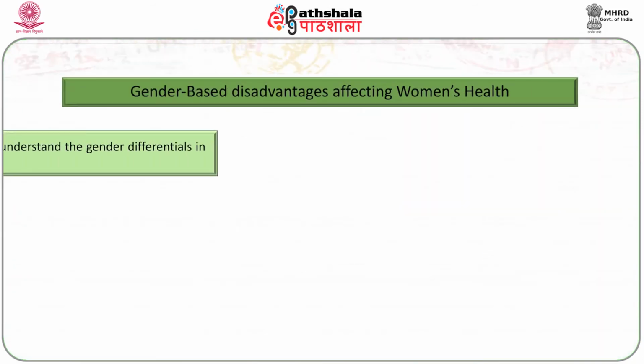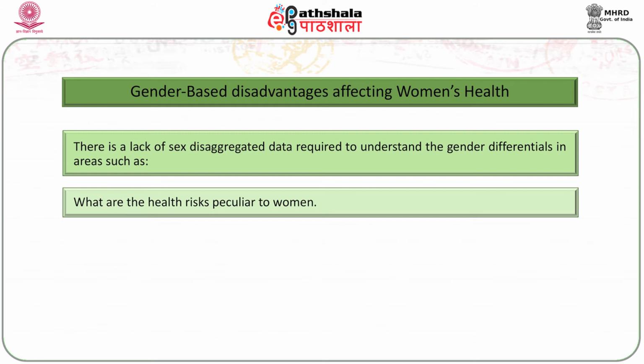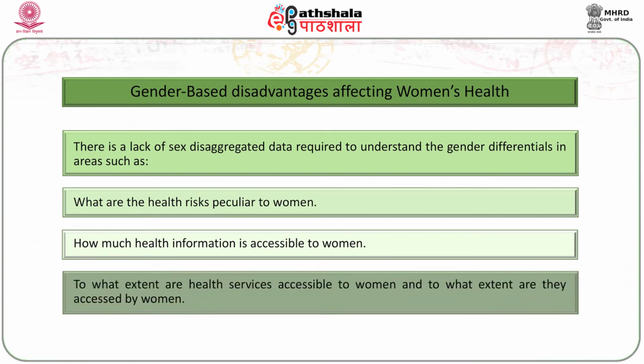What are the gender-based disadvantages affecting women's health? First of all, there is a lack of sex disaggregated data required to understand the gender differentials in areas such as what are the health risks peculiar to women, how much health information is accessible to women, to what extent are health services accessible to women, and to what extent are they accessed by women.